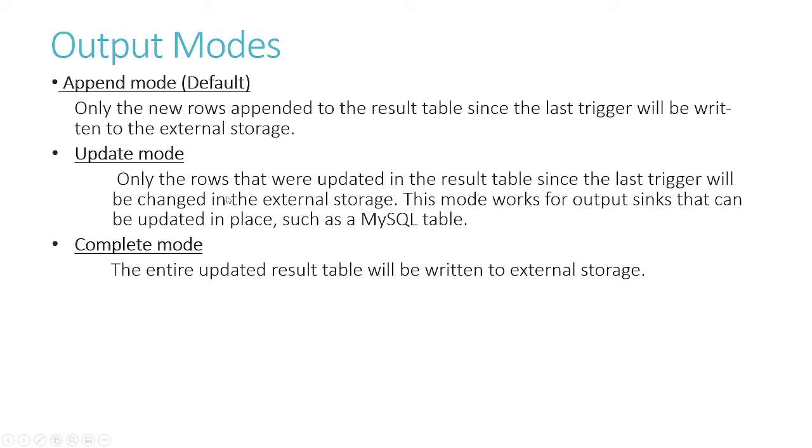Now we'll discuss some of the output modes which it offers. It offers three kinds of modes: append mode, update mode, and complete mode. In append mode, only new rows are appended to the table. This mode is the default, and as it says, since the last trigger, it will write to the external storage, whatever you define.